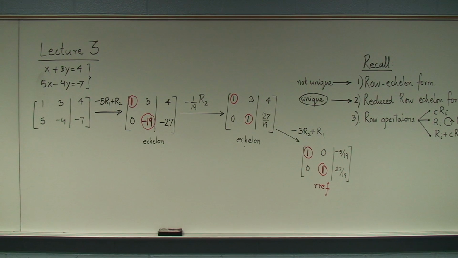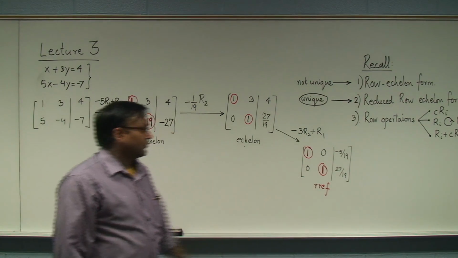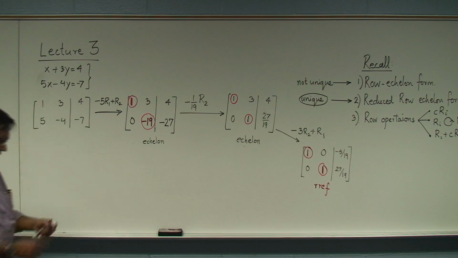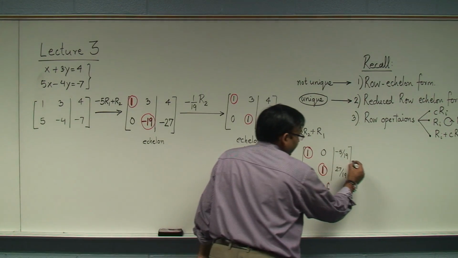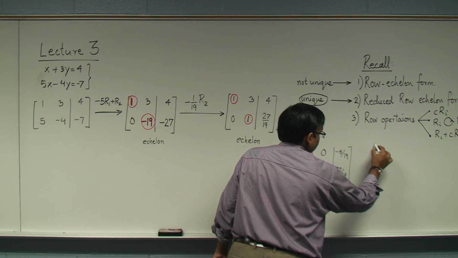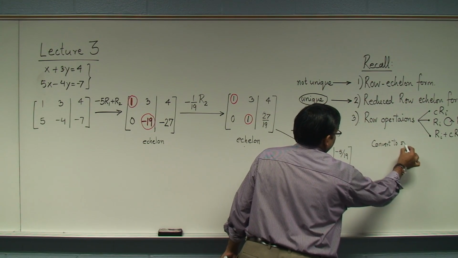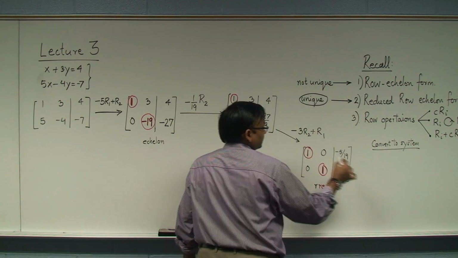But right now let us see what we have achieved. We say that this row reduced echelon form will help us find the solutions to this system fairly easily. And let us see the reason why. Because if I convert it into the system of equations, how does the system look?